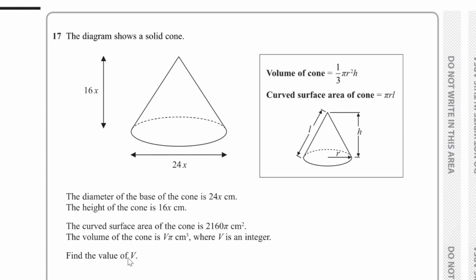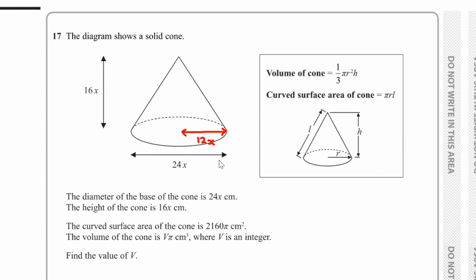Well, for us to find out what v is, well, we need to find out what x is, and we also need the radius. Now currently we can find out the radius in terms of x. The radius is half the diameter, half of the 24x, that will be 12x.